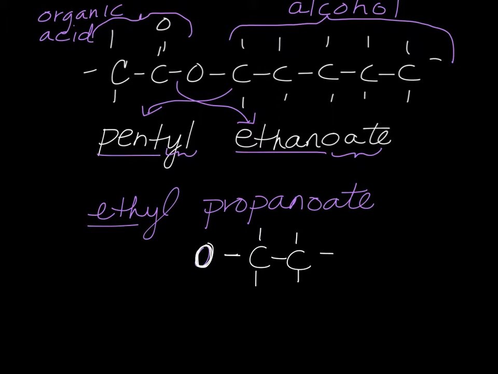And then the prop came from before the O. So I'm going to draw my 3 C's in. And I know that part of the functional group, there's a double bonded O there. And now I'm going to add my H's. This middle C doesn't get anything because it already has fulfilled the 4 bonds. And there is my ethyl, named first, drawn last, propanoate, named last, drawn first.